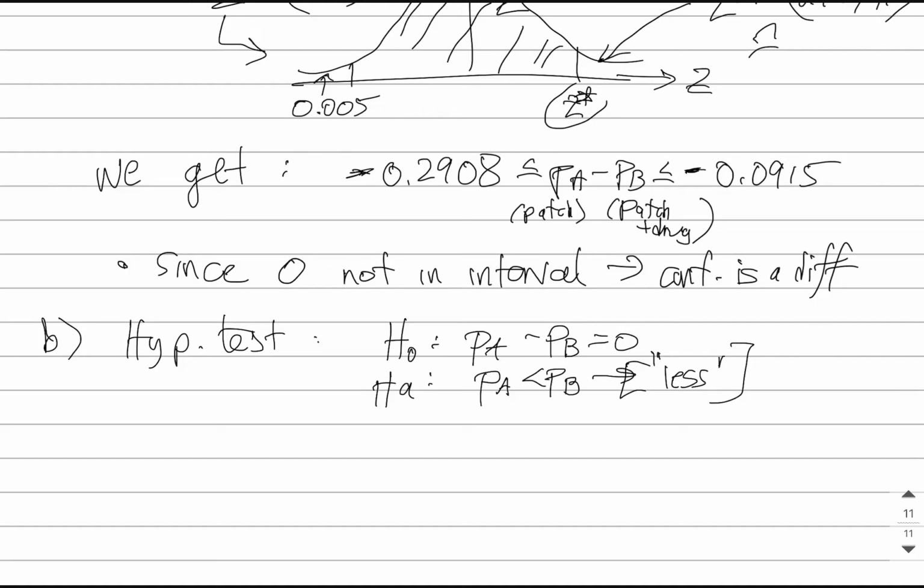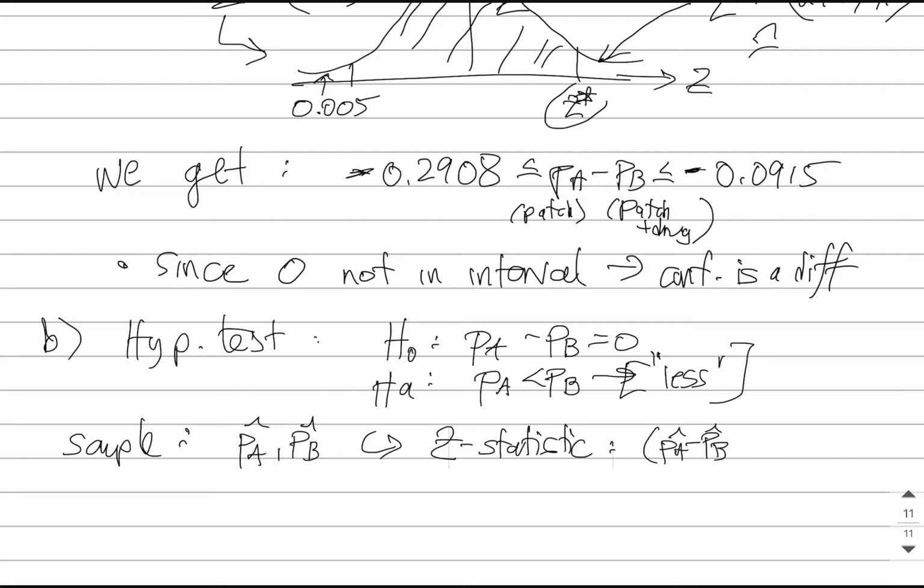Now, the sample evidence is always the same. It provides us with a PA hat and a PB hat. And what we do is we can form the Z statistic. And the Z statistic is always going to be the same: PA hat minus PB hat. This difference here is always going to provide us with the 0.